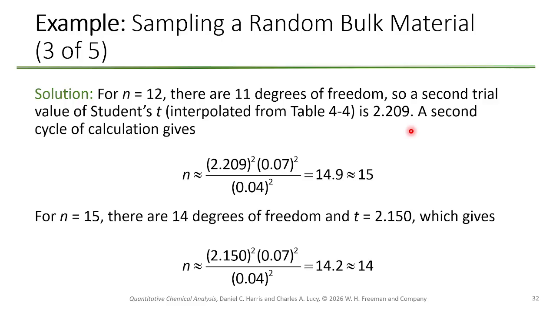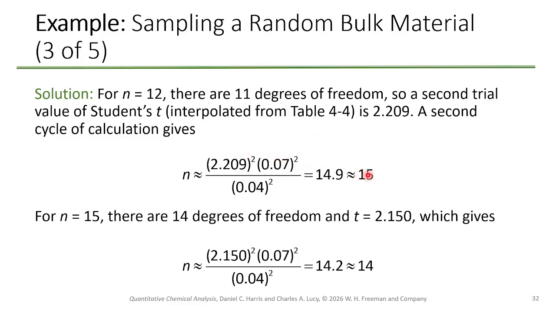Usually when I'm running spectra, if I need to calculate this, I start from the lower number of ones I would have to run, and then I just keep approximating until I get a number of spectra that I'm not bothered changing when I run it. And so I just get slightly better uncertainty. Yeah. But you can always use a lower number as well to go here. So we plug in the t-value for 11 in this case.